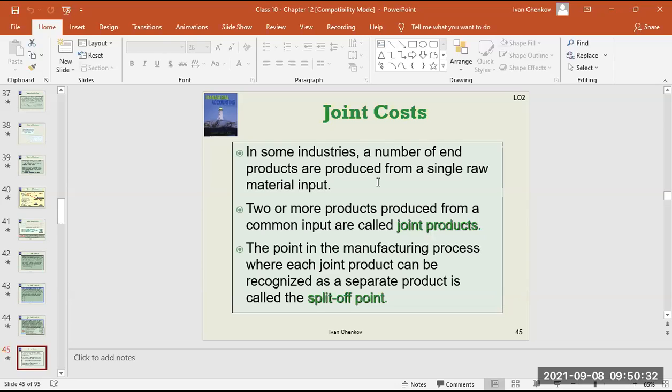Now the point in the manufacturing process where each product can be recognized as a separate product is called the split-off point. So what that means, we're having milk. At some point we decide, that's it, milk is boring. Let's go now with yogurt, cream, and half and half. At this point, when we decide to make yogurt, cream, and half and half, that will be our split-off point.